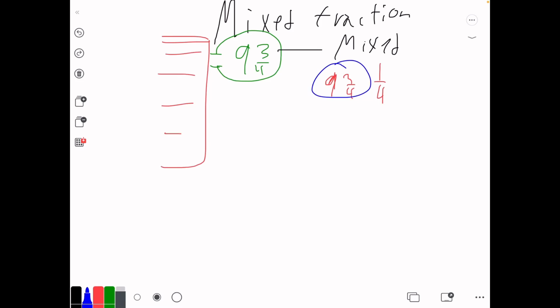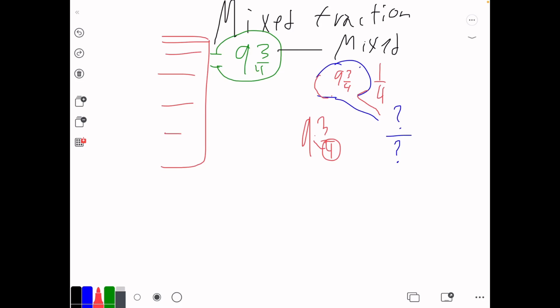Let's say you want to change this 9 and 3/4 into an improper fraction. If it was a fraction, then this 3 would be replaced with the 4, and it would just be 10. But we just want it to be 9 and 3/4. So what you do, you got 9 and 3/4.